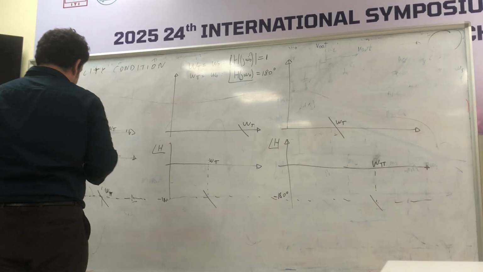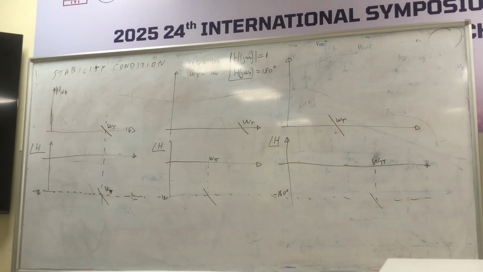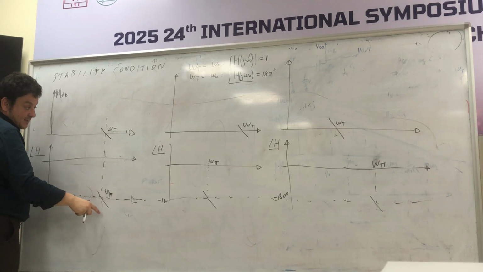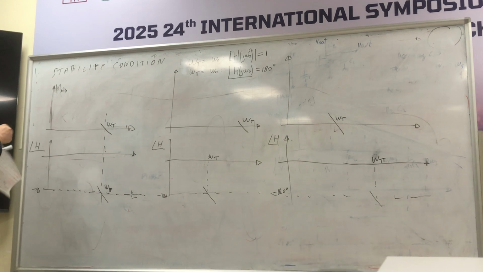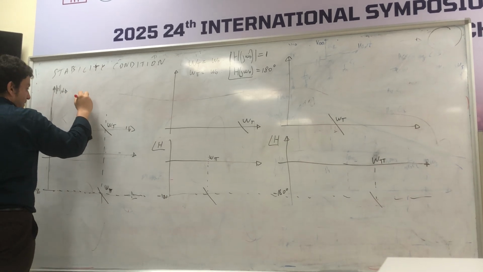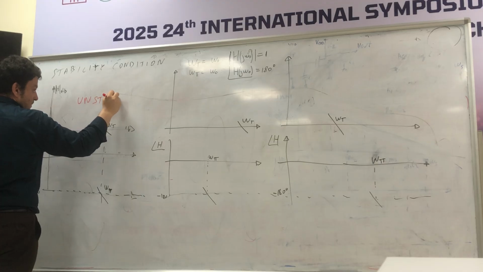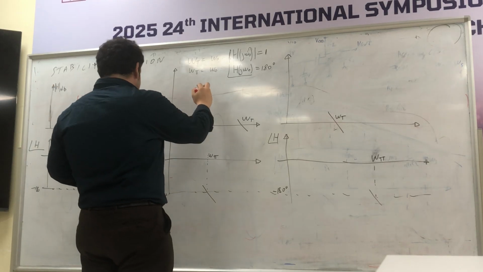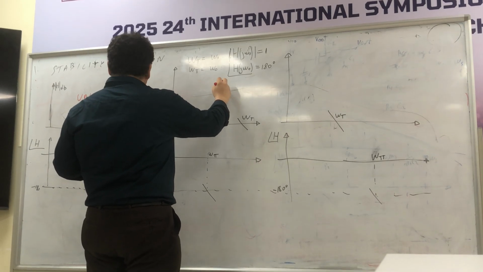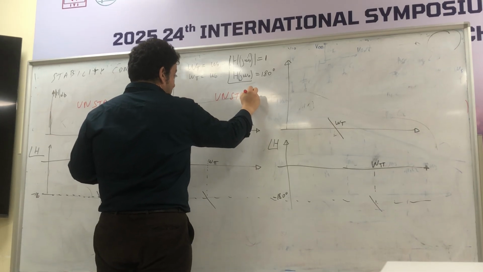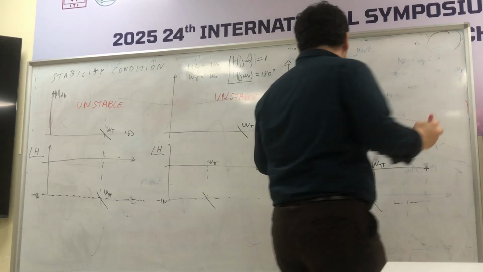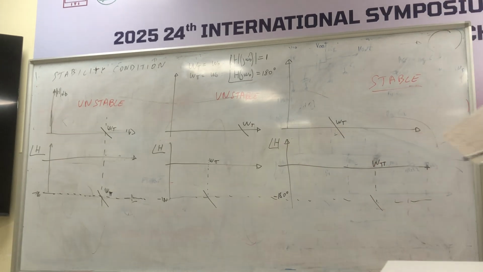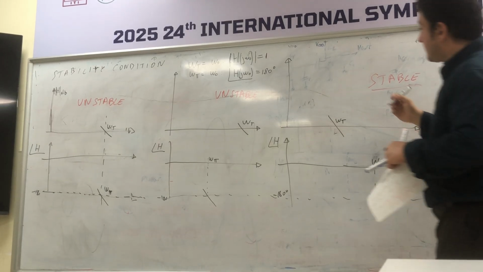Okay, so we want to have this far from this. So we say that this is kind of unstable condition. This is again unstable. This is stable. So far so good?